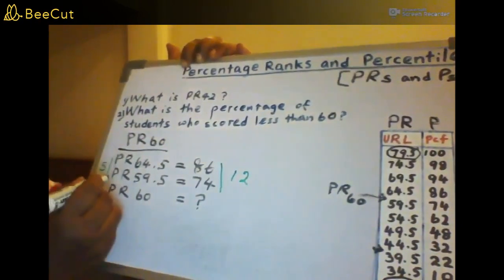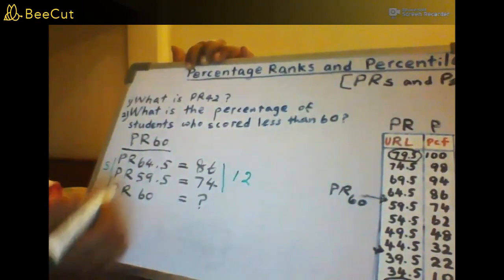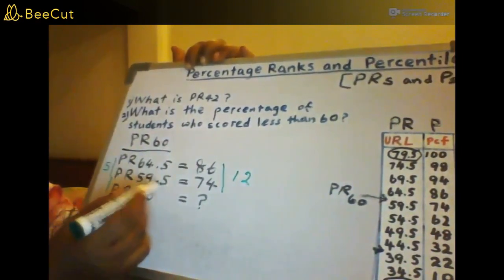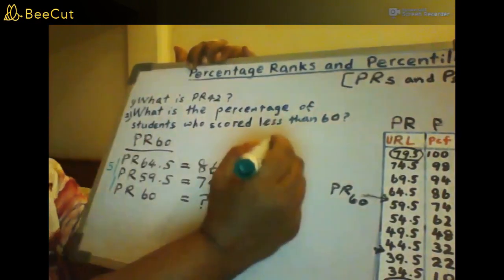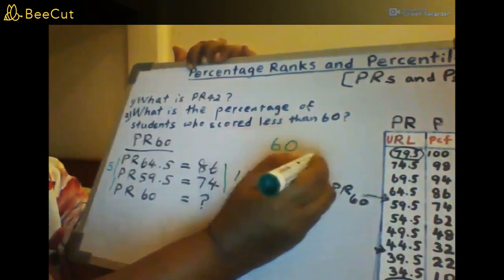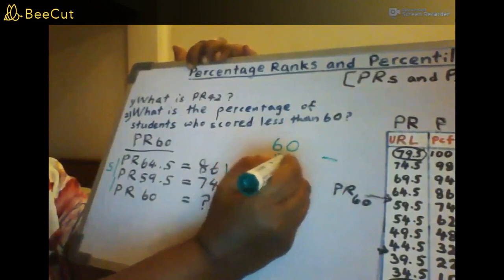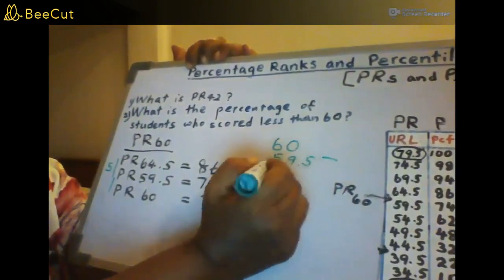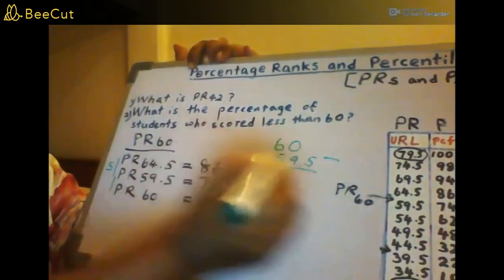And then the difference between these two, 59.5 and 60. 60 minus 59.5. You will have to do this manually, right?